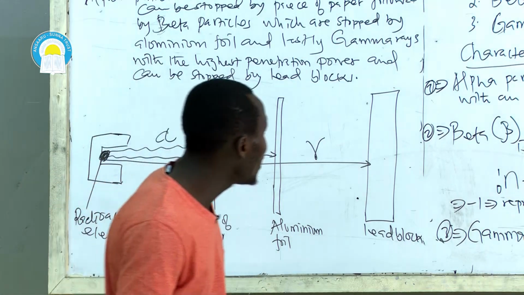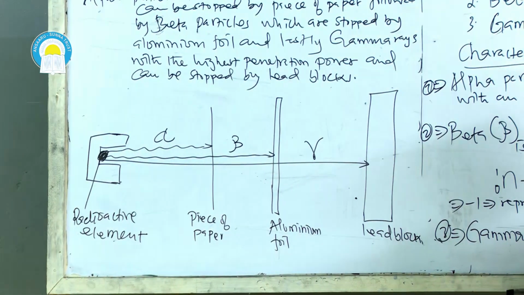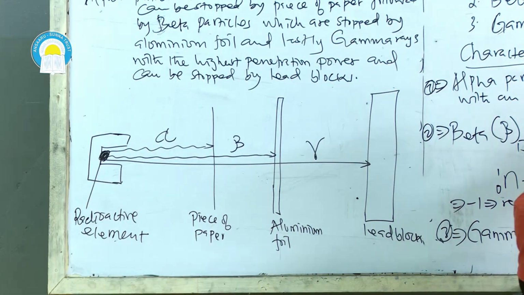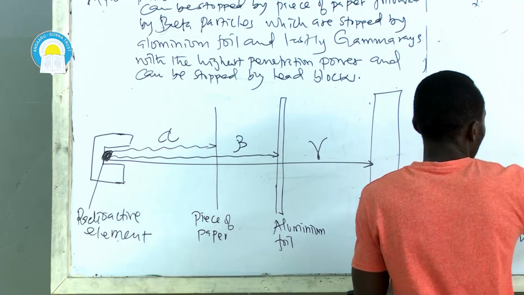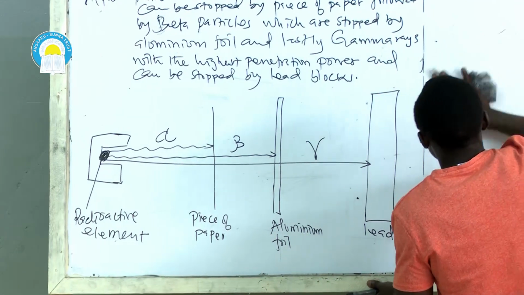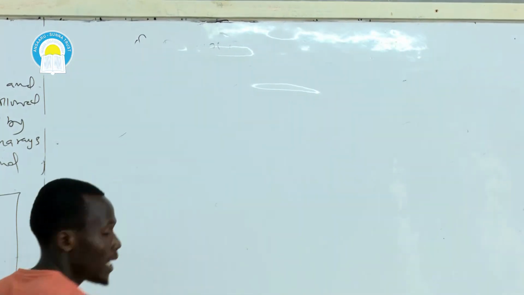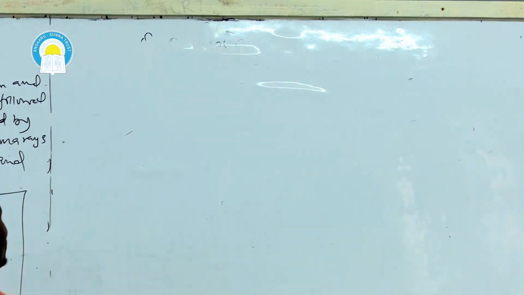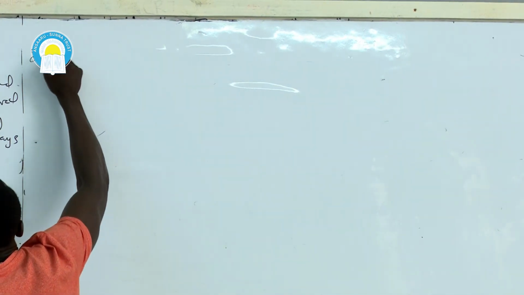Then the second one is deflection by an electric field. Deflection by an electric field is the second property of the radiation.